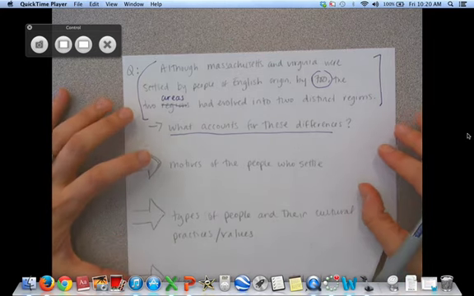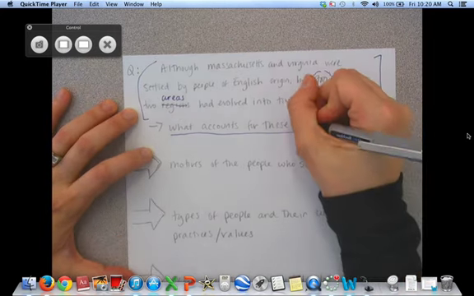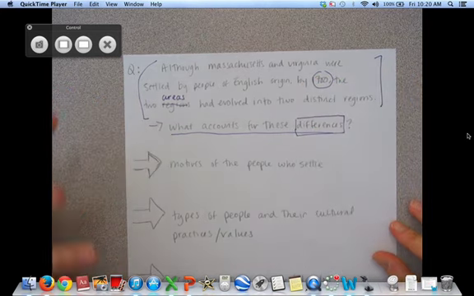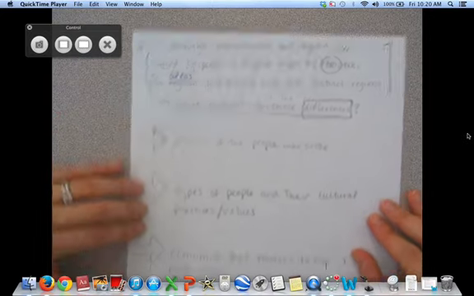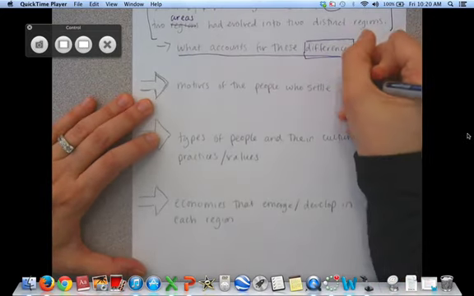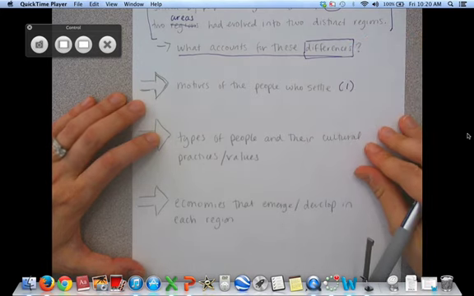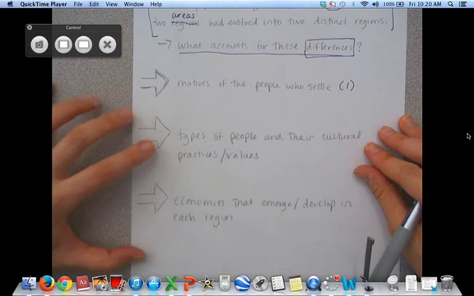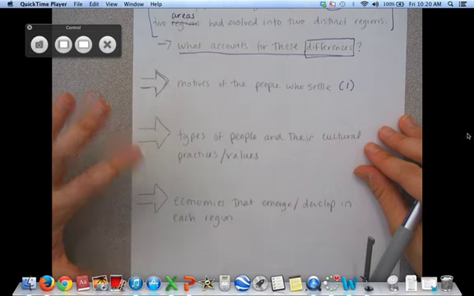And we've broken down what these differences are into three sort of buckets or categories. The first is the motives of the people who go there. The reasons the colonies are settled in the first place make them extremely different. We'll get into that in more depth in a minute.